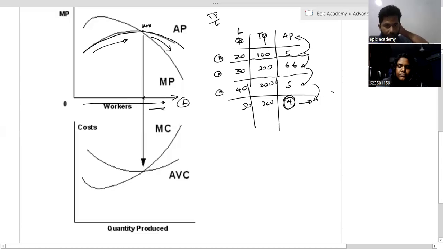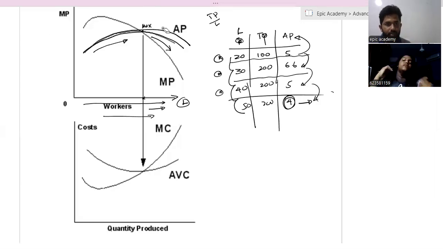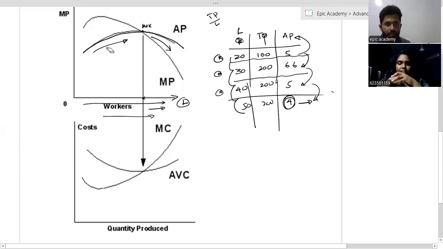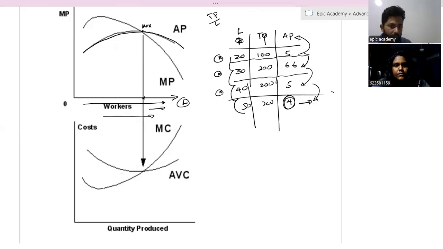So now you can identify that by continuously increasing the workers, the average production reaches the maximum point and then reduces. That's the nature. So it is equal to marginal cost, where you can identify it in that curve.